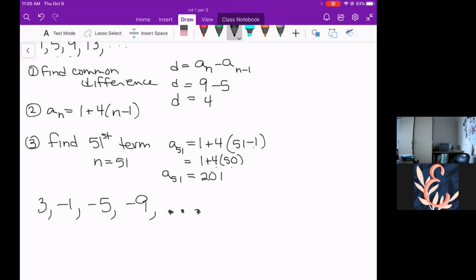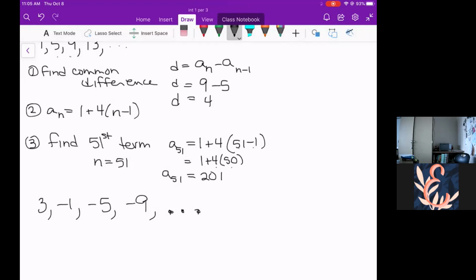Elizabeth? I'm just looking. Are you lost? Yep. Okay, so if it's going to be minus, that's your common difference, right? And then you put parenthesis n minus 1. There you go. Okay.